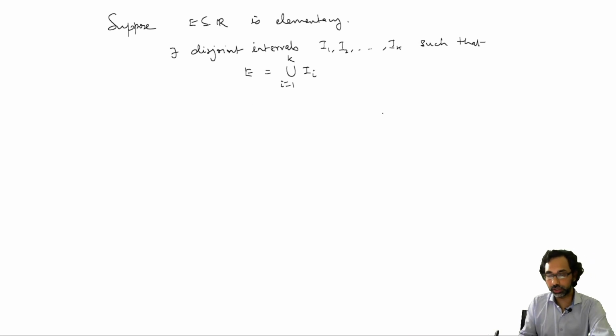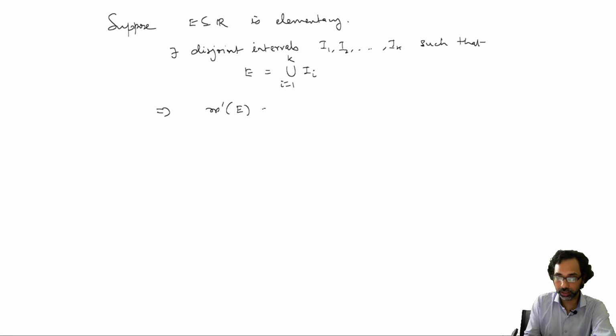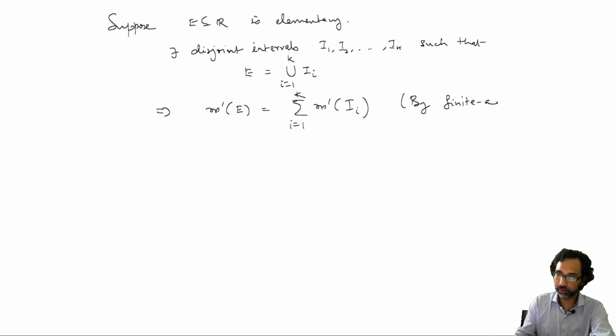So now this is a disjoint union, and therefore M prime of E is equal to the sum, I equal to 1 to k, M prime of I, by finite additivity, the finite additivity property of M prime.